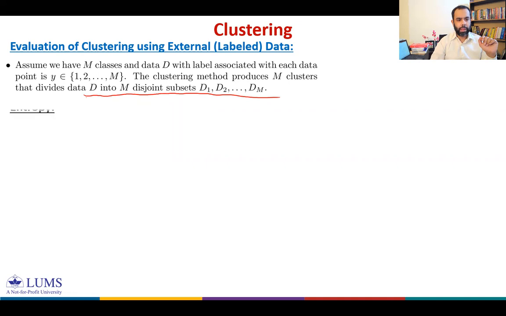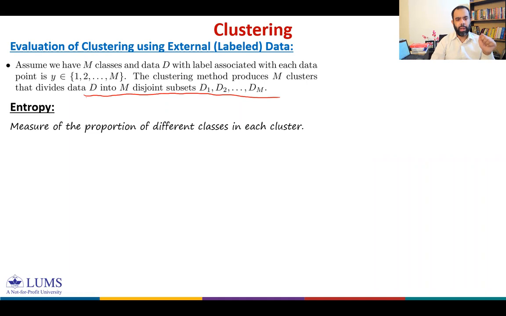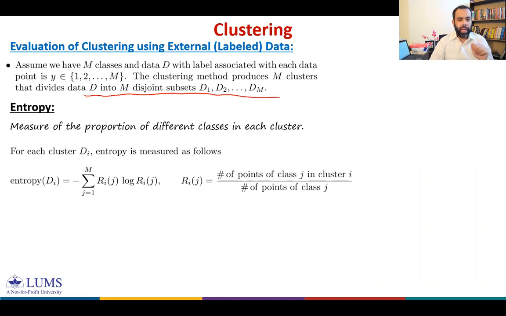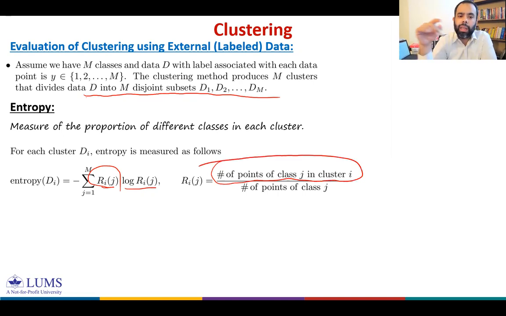Let's talk about entropy first. So entropy is a measure of the proportion of different classes in each cluster. How do we define entropy? So for each cluster Di, we define the entropy of a cluster Di as the negative sum over j of Rij times log of Rij. Let me define what is Rij. So Rij for a cluster i denotes the number of points of class j in cluster i.